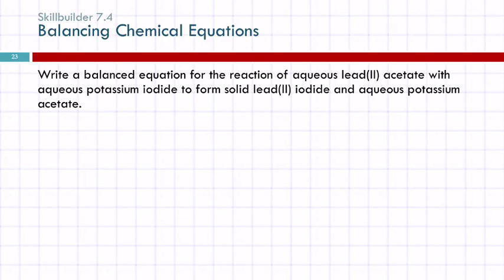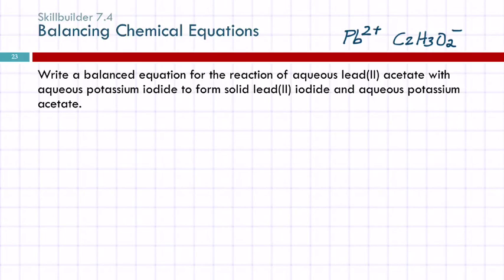Okay, so here we have aqueous lead 2 acetate. What kind of a compound is that? Ionic. So to write the formula for an ionic compound, I want to write down the ion formulas first. Lead is Pb, and the Roman numeral 2 tells me it's 2 plus. Acetate is something you have to memorize.